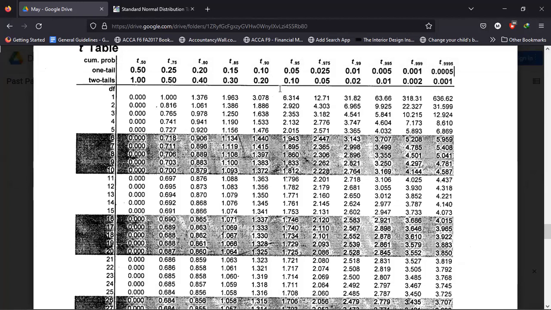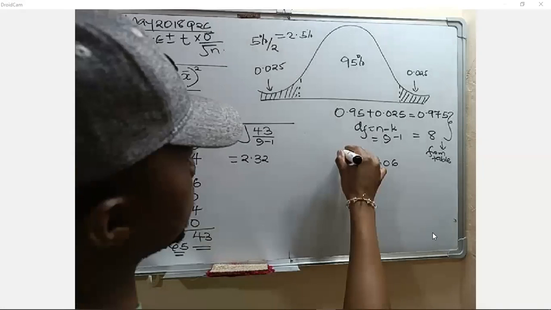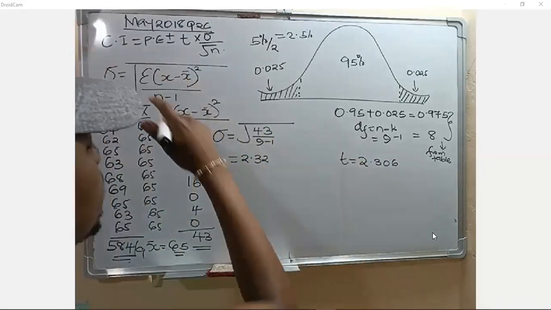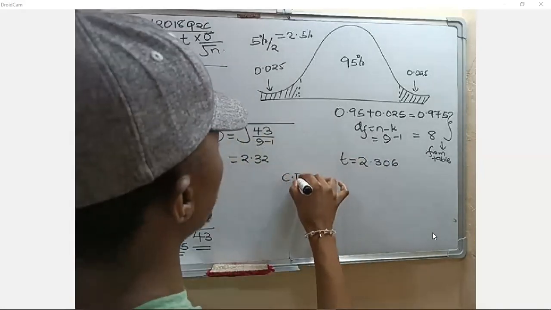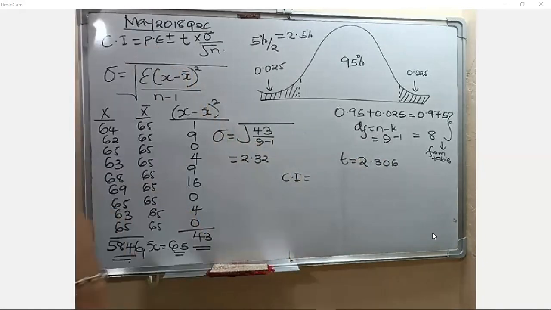Let us go back to our board here. Now, because I have already gotten my T, to get my confidence interval I'm going to take the point of estimate, PE, which basically is your mean.